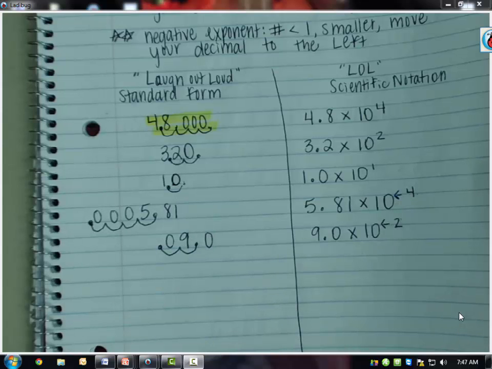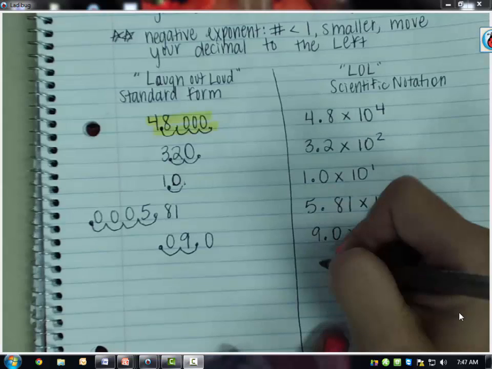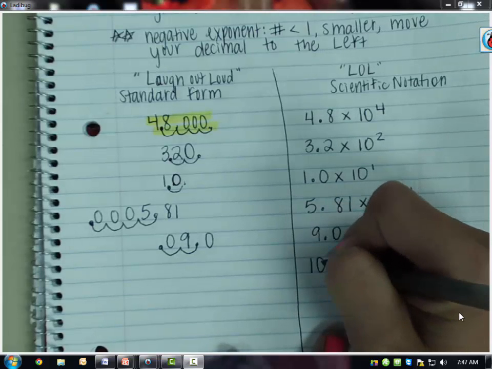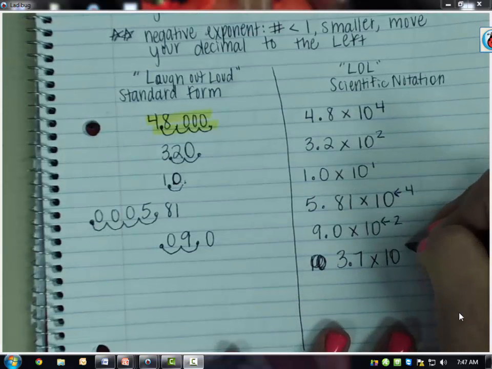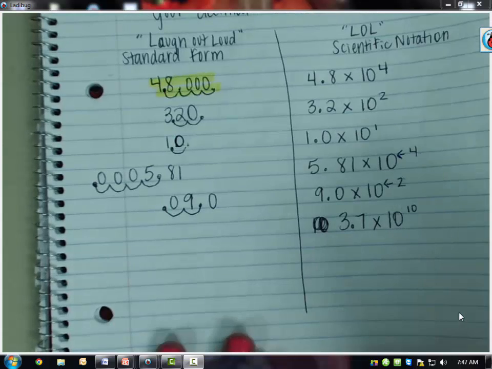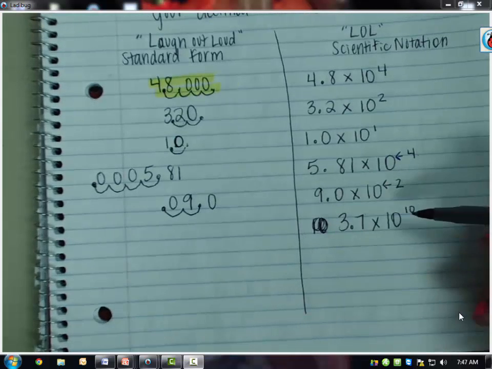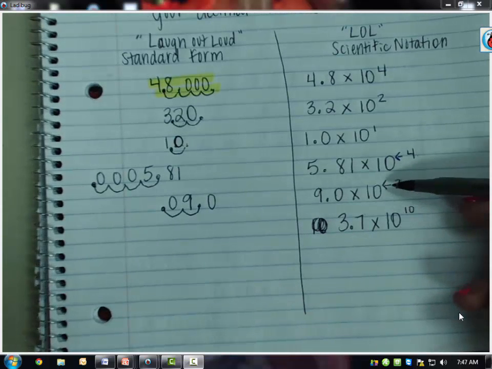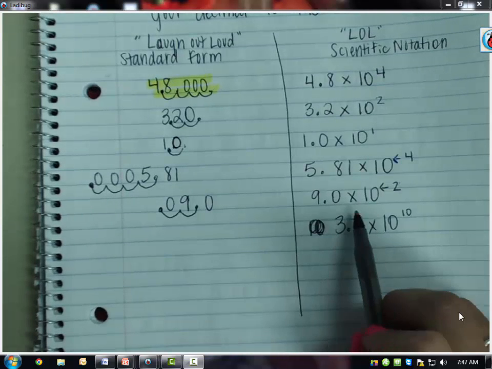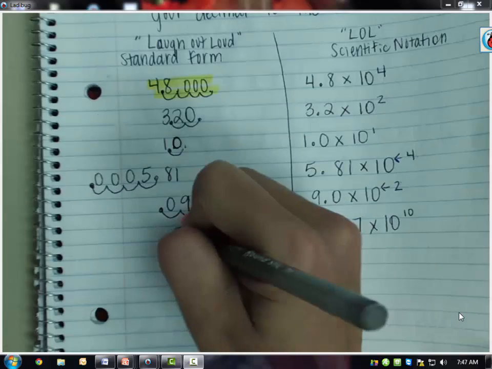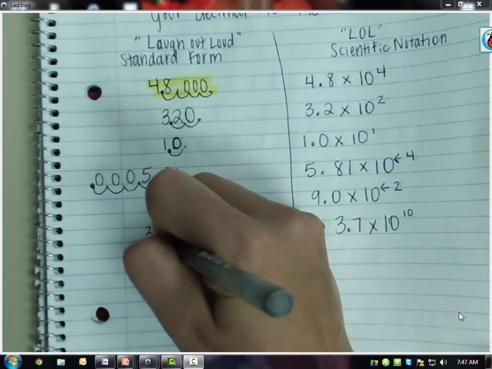Alright? Just a few more, y'all. 3 7/10 times 10 to the 10th. Alright, that's going to be big. Now, if you know that negative exponents go to the left, positive exponents are going to go to the right. So you want to rewrite your number, 3 7/10. I need to move to the right how many places?